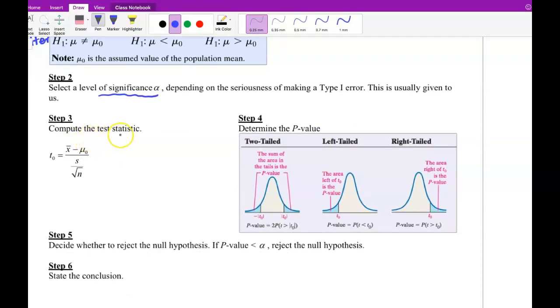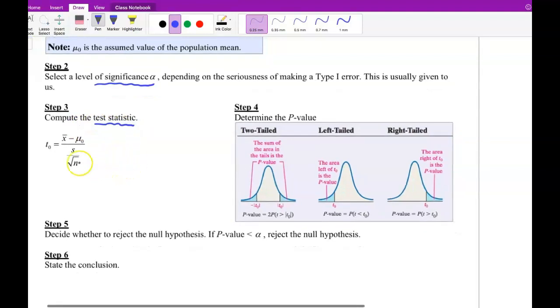Step 3, finding T0, or in other words, computing the test statistic. We also had the test statistic, finding Z0. In this case, we have T0, so this is the T distribution.